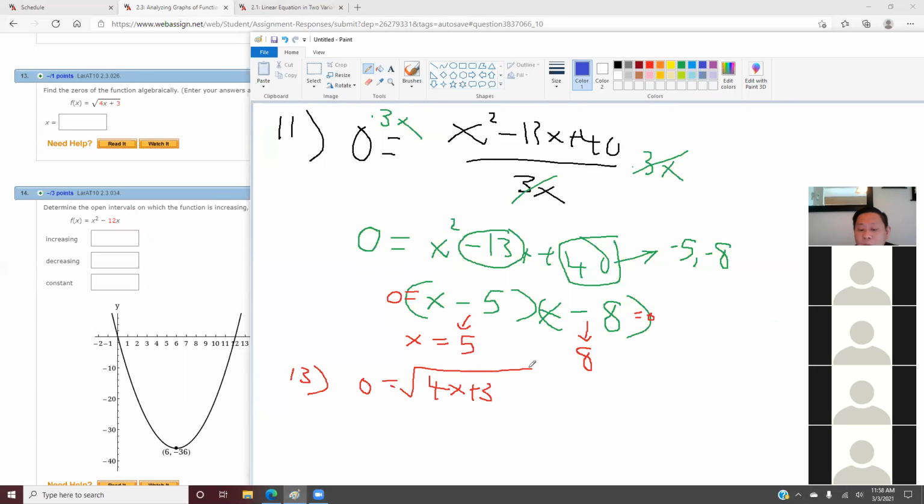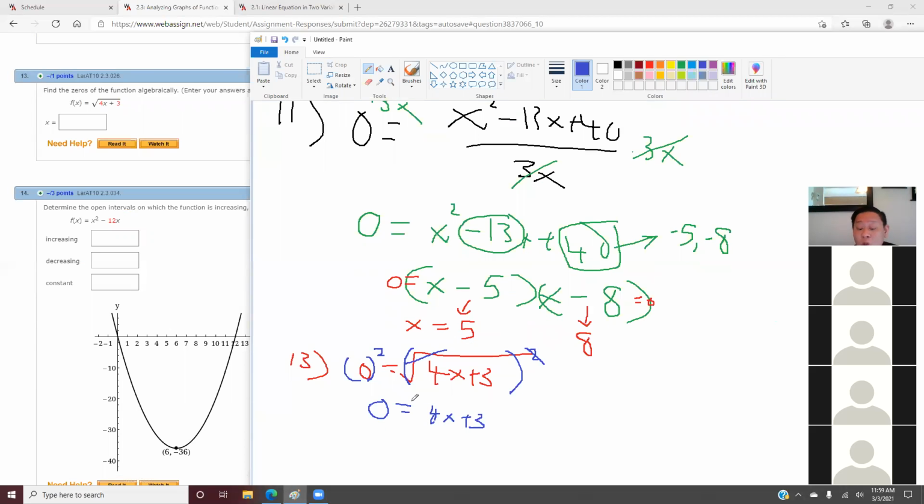You square both sides. So the square and the square root will cancel. What you get here is 4x plus 3. And since 0 squared is 0, this one is going to be easy solving. You do not need to factor because there's no x squared.